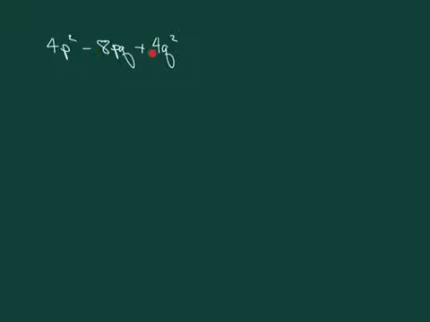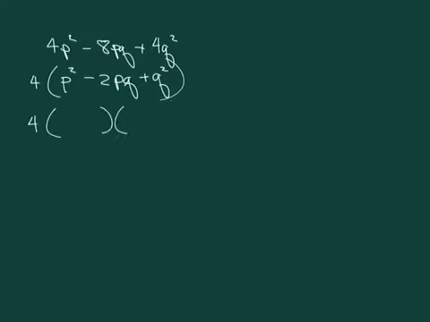Okay, this one here looks a little bit trickier. This is number 65. And just take one piece at a time. We factor a 4 out. Now I find 2 numbers multiplied together that give me a q squared, and added give me a negative 2pq. Okay?